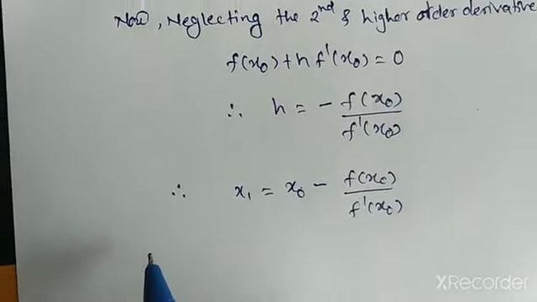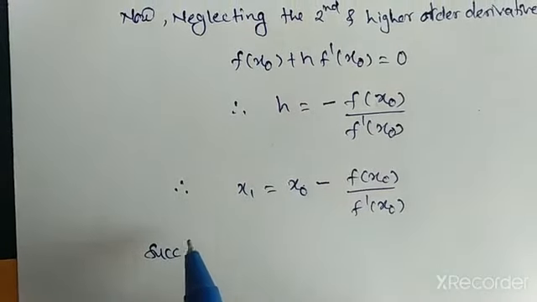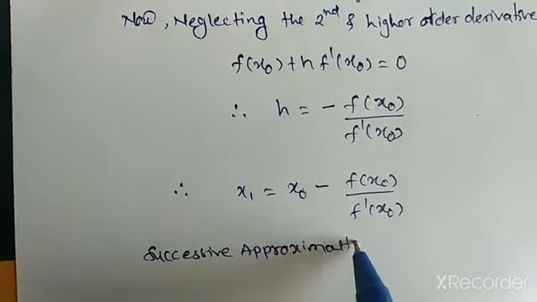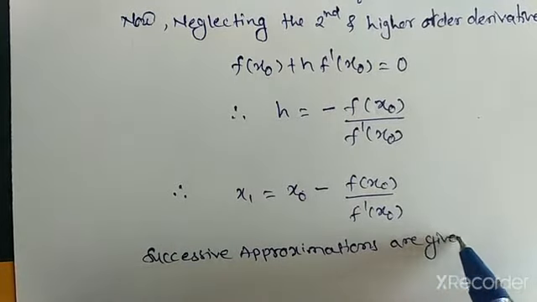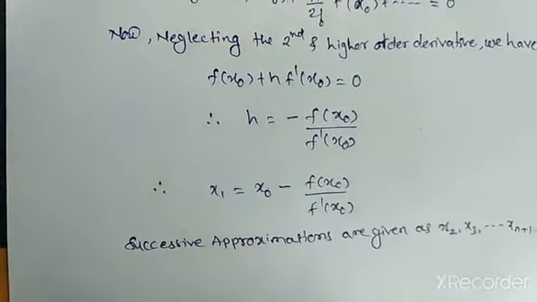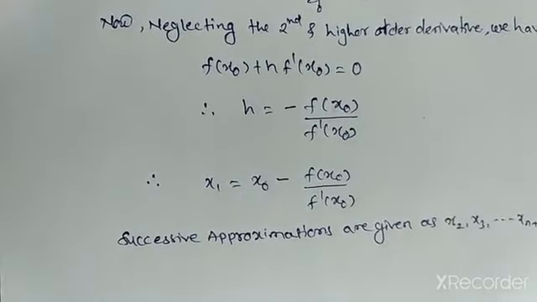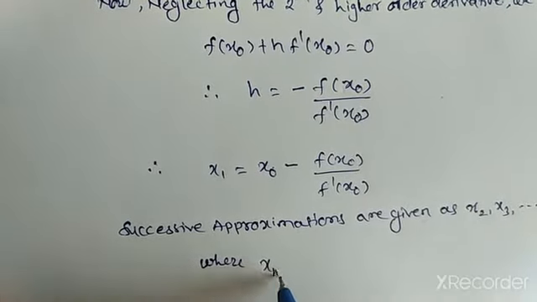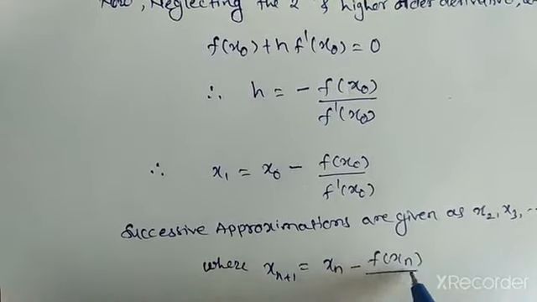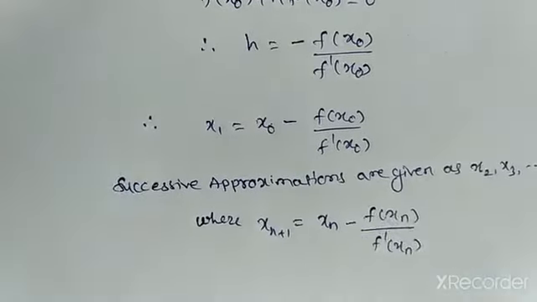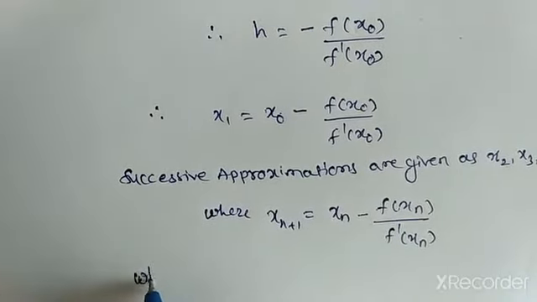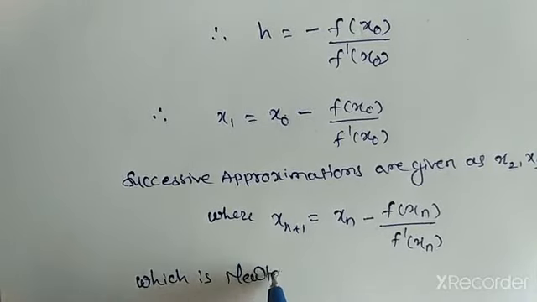So continuing this process, successive approximations are given as x2, x3 up to xn plus 1, where in general you may write xn plus 1 is equal to xn minus f of xn divided by f dash of xn, which is the Newton-Raphson formula.